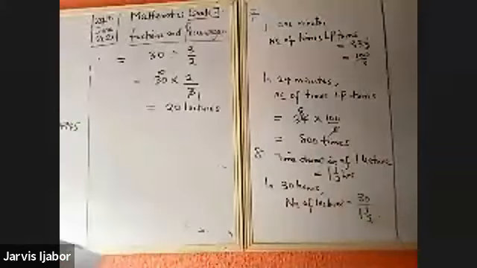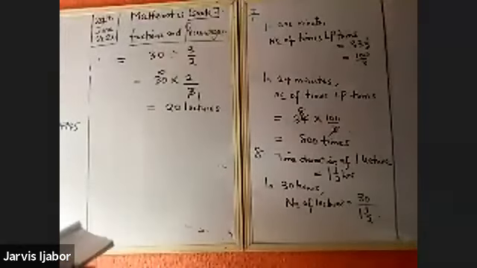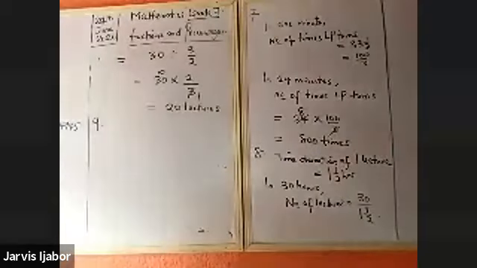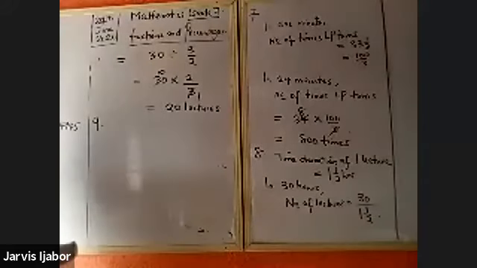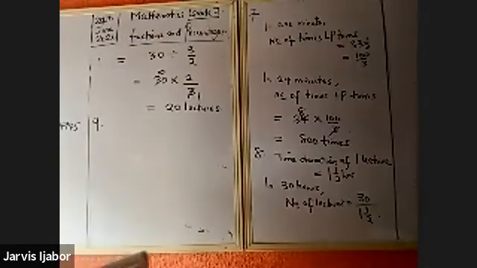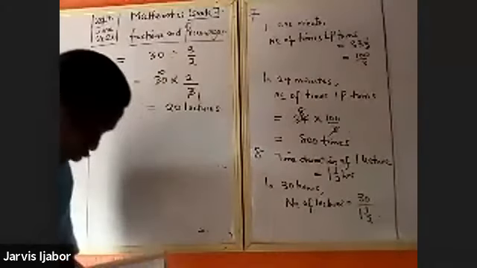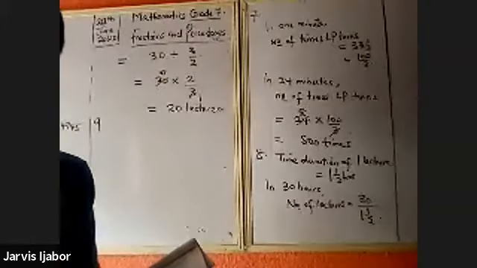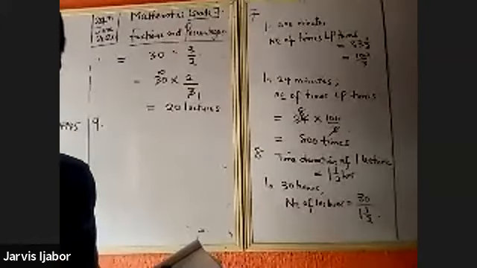All right. So question 9. Some shop sold goods for what? 2/5 of their original price. Let me give you some time to copy.